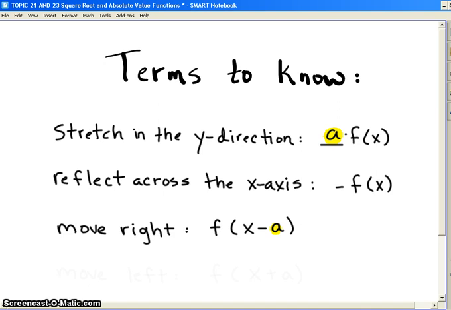So this is how you would write it, f parentheses x minus a number. To move to the left, you're going to do f parentheses x plus a. I know that looks backwards, but that's the way you can remember it. Move to the right, use subtraction. Move to the left, use addition.